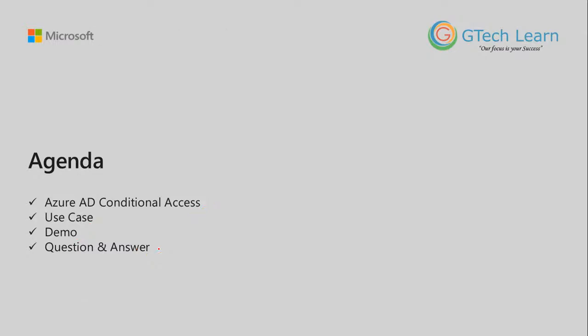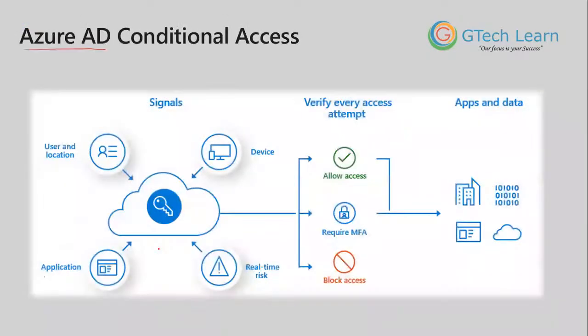Let me move to the next slide. Here you can see Azure AD Conditional Access. Before moving towards conditional access, let me first talk about Azure Active Directory. Azure Active Directory is a cloud-based identity and access management service, which provides identity in the form of users, devices, and more.